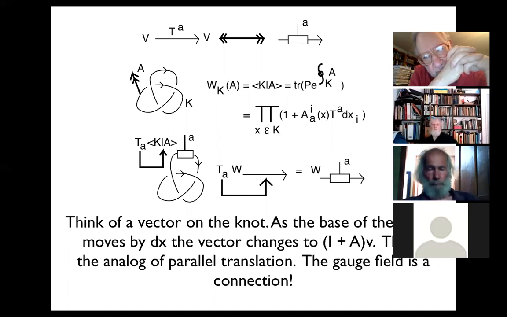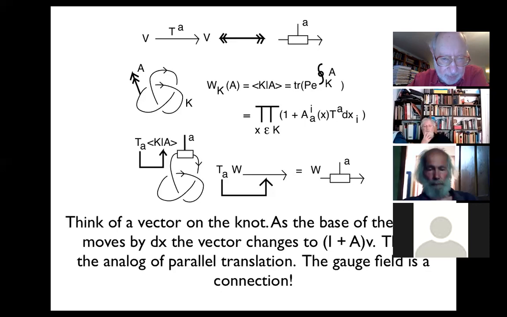A very useful way to think about varying the field is as a gauge functional derivative, which, if you haven't seen this before, seems quite strange: each A upper I lower a of x is a different variable from your point of view. If you change the x a little bit, you'd be in a different variable. You have a continuum of variables here.